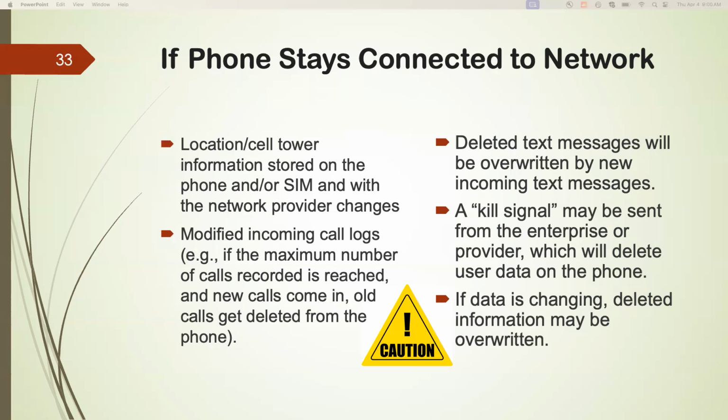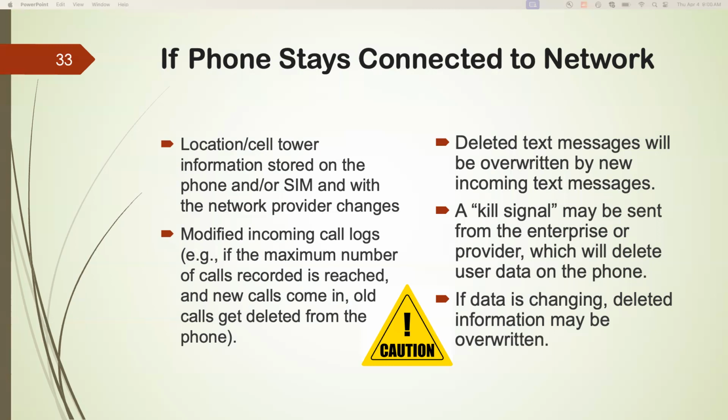Another thing is your SIM cards or your phones store all the calls, like call logs: incoming, outgoing, missed calls. They also store your messages as well. So it is very possible that the phone is running out of memory, and it just stores the last 100 messages or the last 100 phone records.